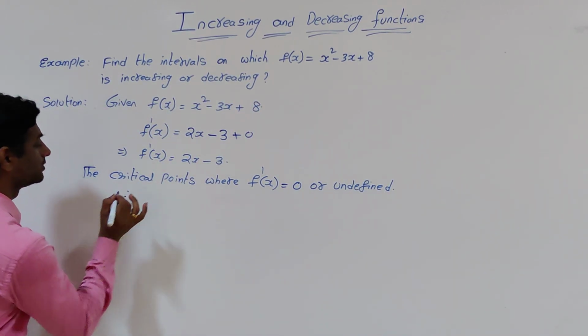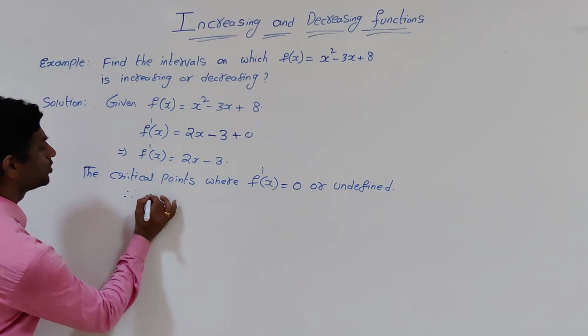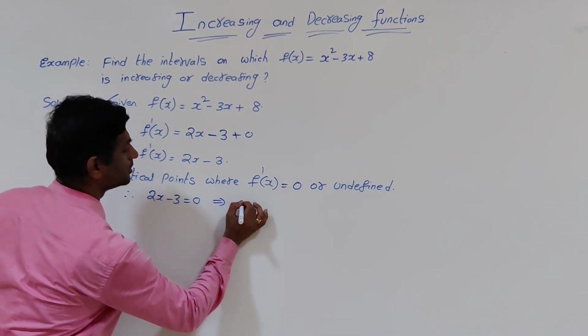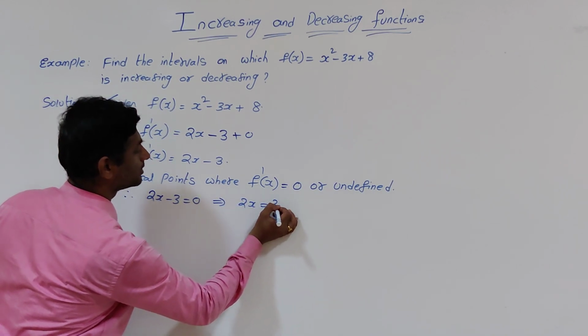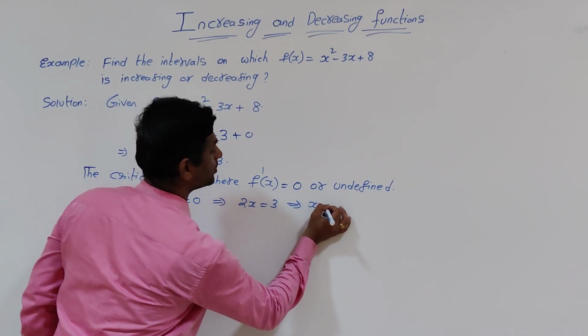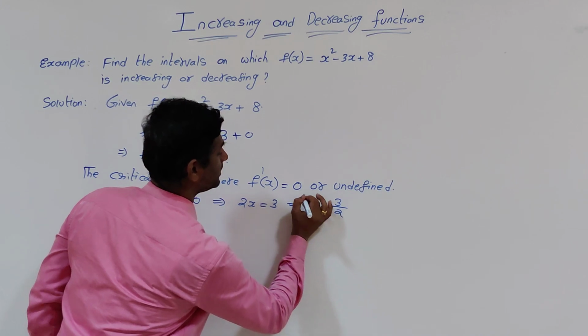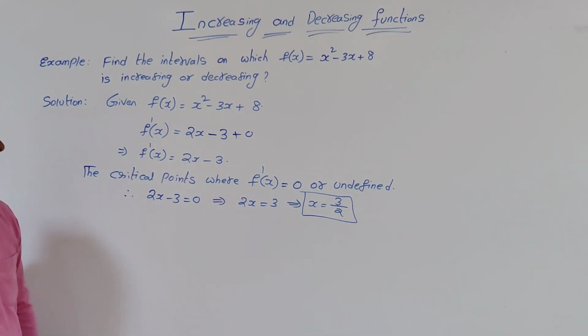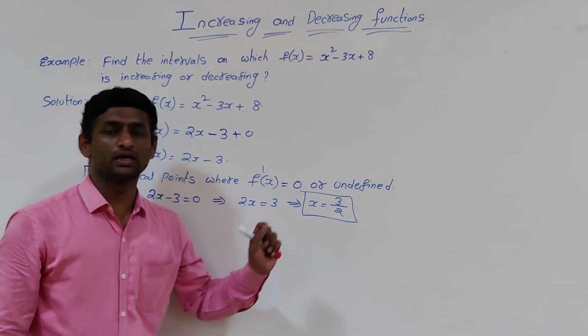So therefore, what is f dash of x? 2x minus 3 is equal to 0, implies 2x is equal to 3, implies x is equal to 3 by 2. That is the first step, where 3 by 2 is the critical point.